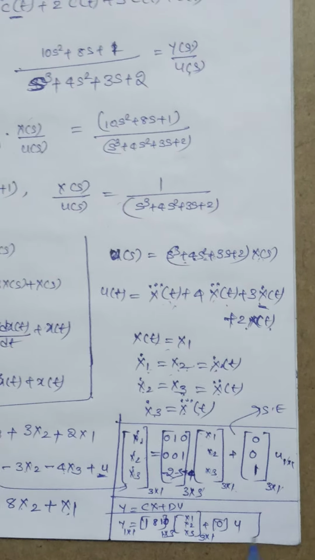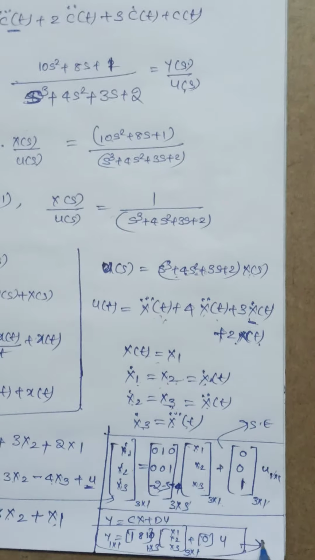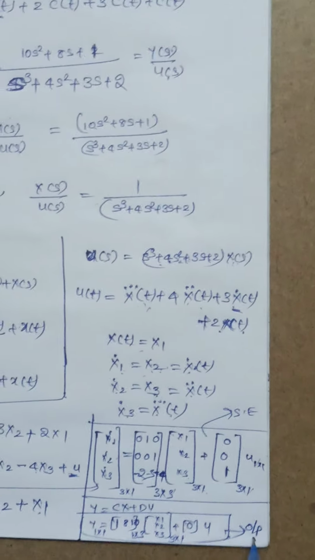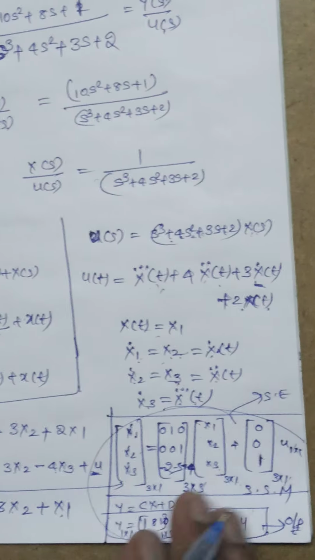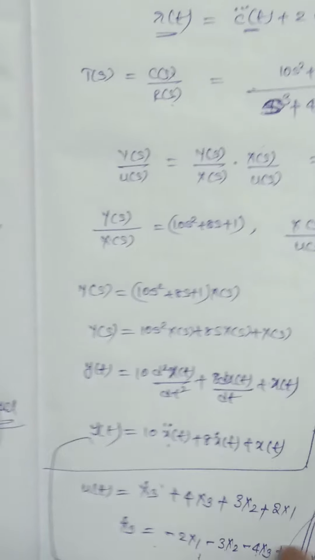So this is the output equation. These two equations combined are called the state space model. This is how we can find the state space model for phase variables.